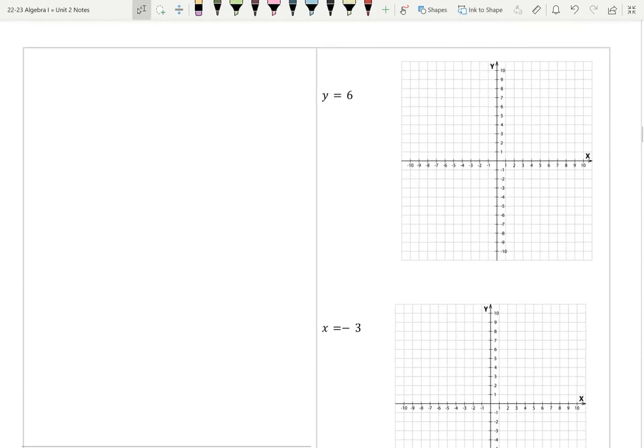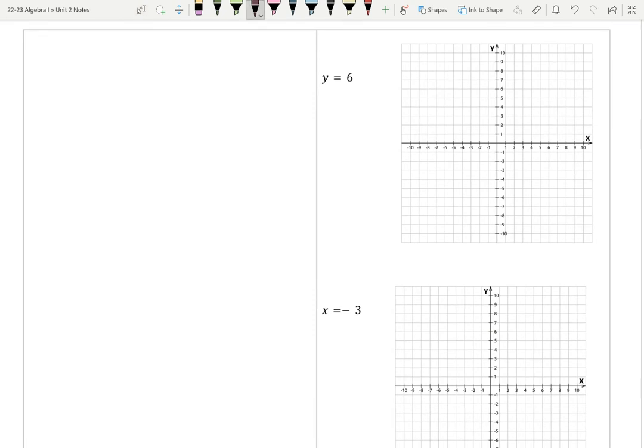On this next page, we're going to start with horizontal and vertical lines, which do confuse people sometimes. If I see y equals 6, I'm first going to go to the y-axis, find 6, and make a dot, and this is going to be a horizontal line.